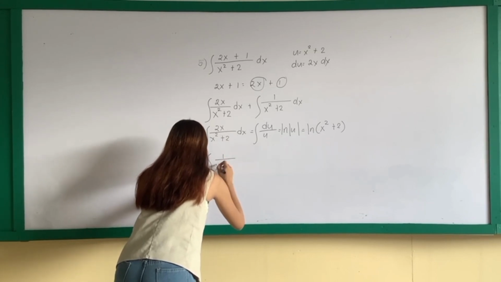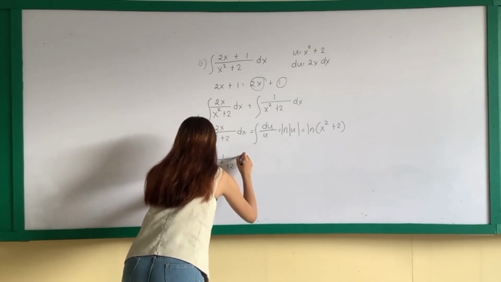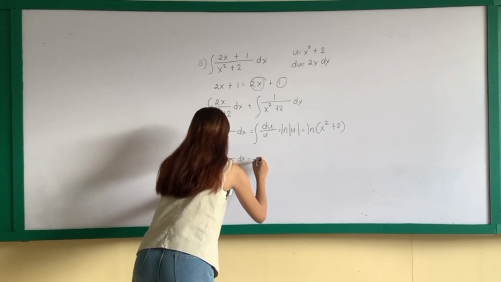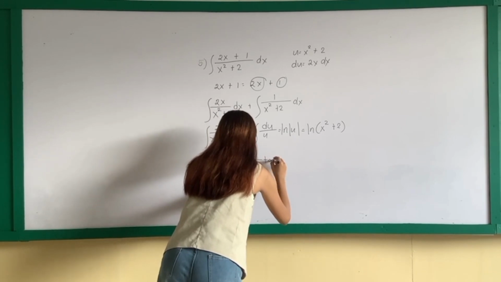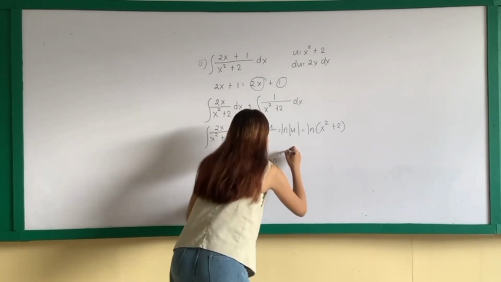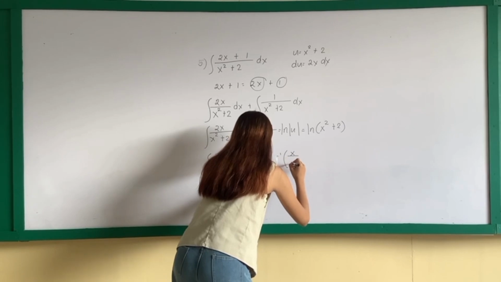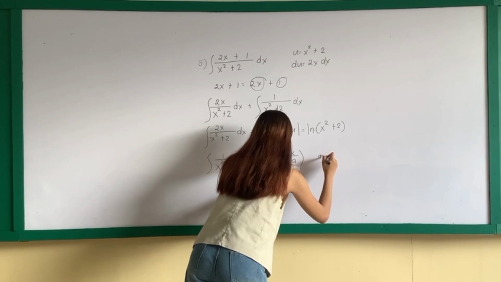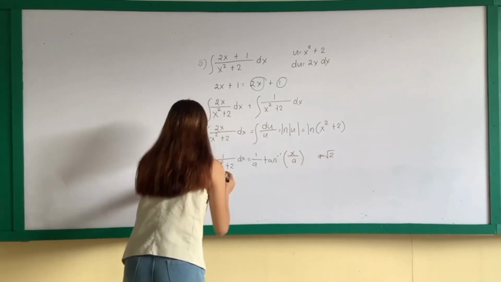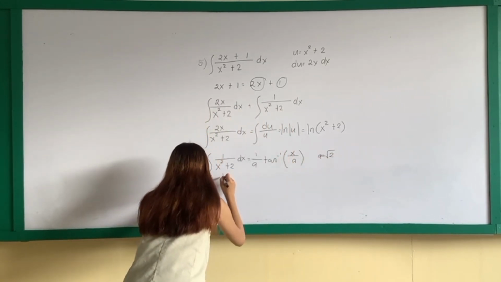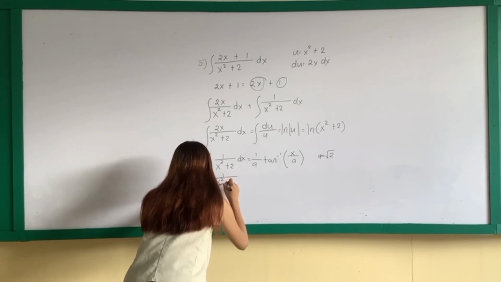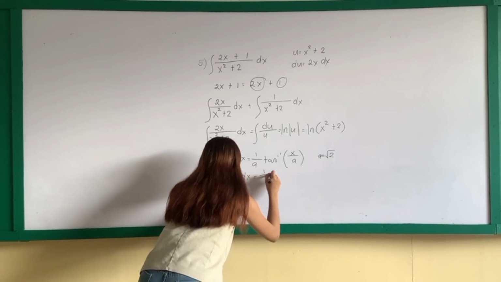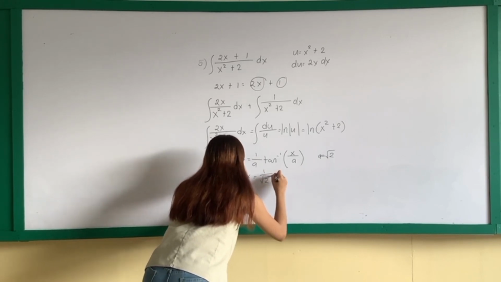Let's integrate the second term. So the integral of 1 over x squared plus 2 dx, its form is similar to the inverse trigonometric function. So we have 1 over a arctan of x over a. And our a is equal to the square root of 2. So we have here 1 over the square root of 2 arctan of x over the square root of 2.